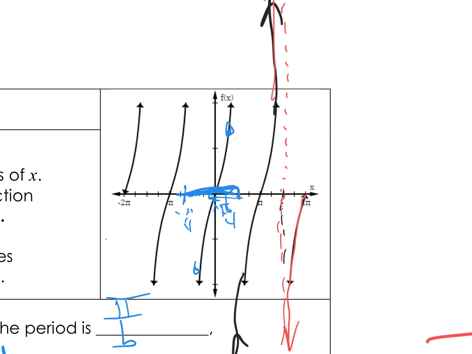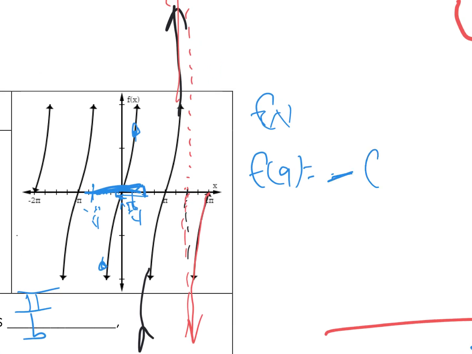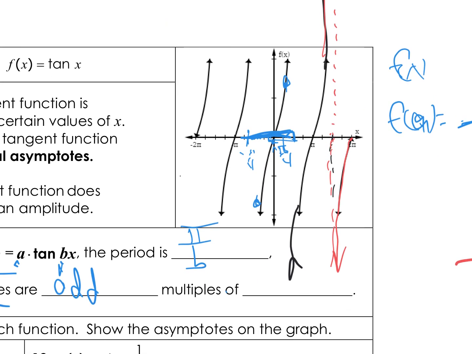One's going to be up and one's going to be down. So f of some number will be the opposite of f of the negative of that number. Those are just a's. I'm just saying that the y values will be opposite of each other.